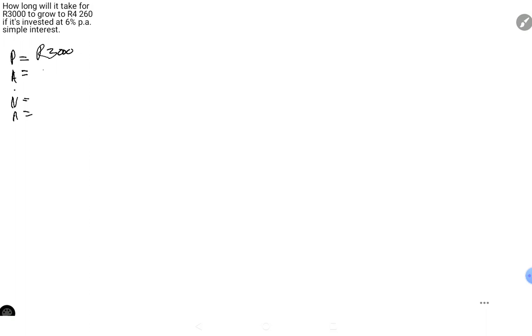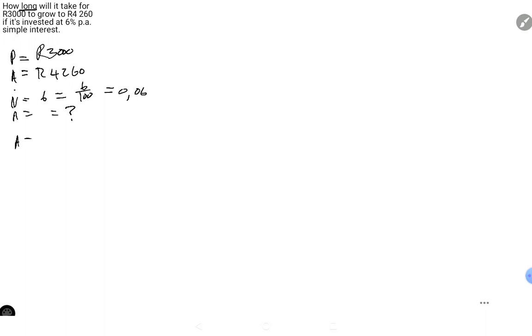Our final amount: 4,260. Interest 6%, and we said we're always going to divide that by 100, so that gives us 0.06. And then we have number of years. They asked us how long, so we're looking for that. They told us it's simple interest.